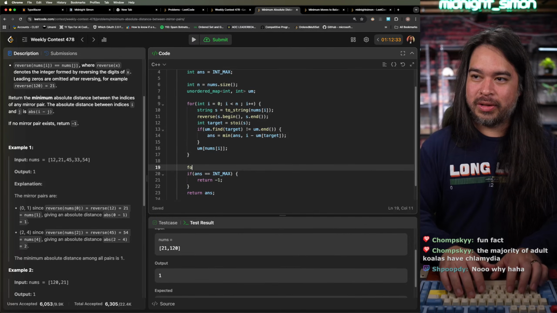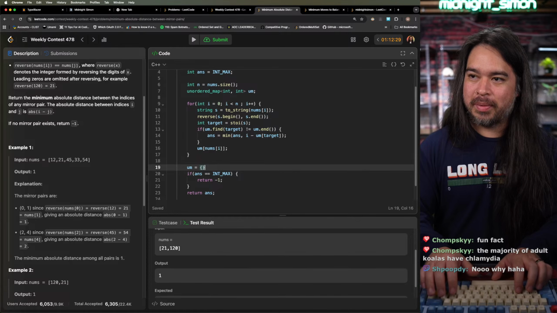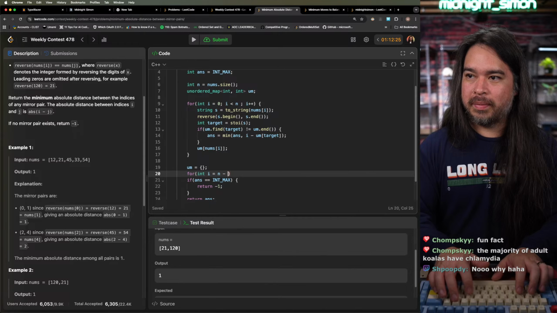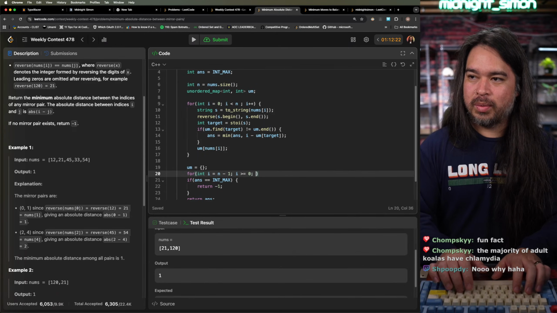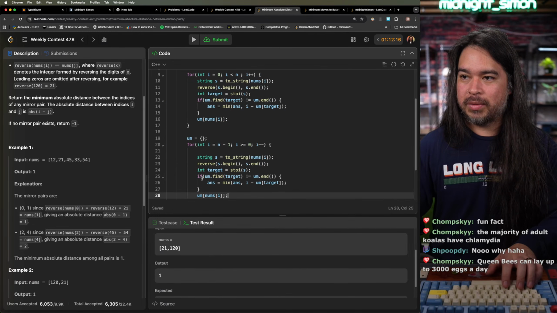Alright, so I'll do another pass. I'll reset my map, and then I'll just go from the back to the front, and then I'll do the same thing again.